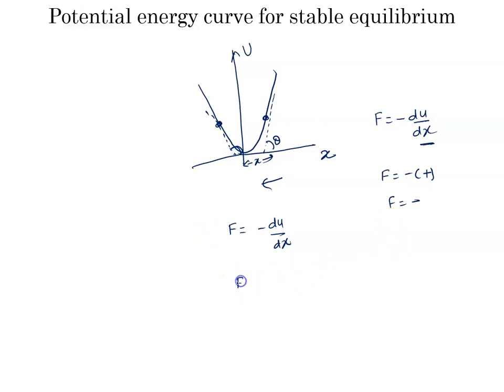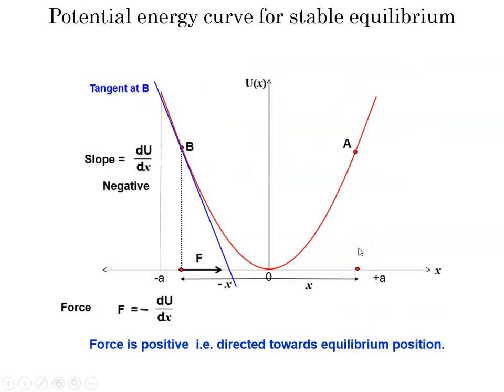It means what is the force? Force is going to be minus and slope is also minus, so minus minus is plus. It means this body has the tendency to come back to the mean position because force is positive. It means either you shift toward the left side or right side, the body has the tendency to come back to the mean position. So this is the potential energy curve for the stable equilibrium.